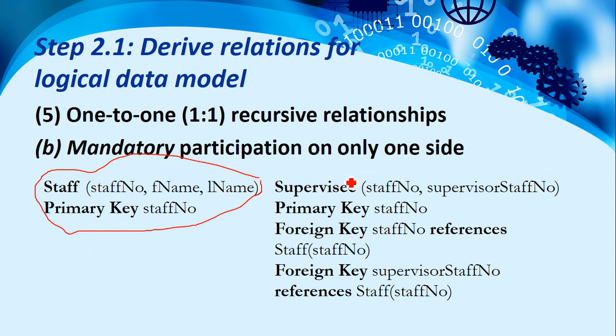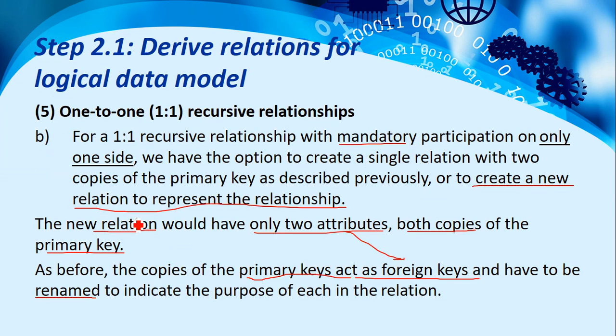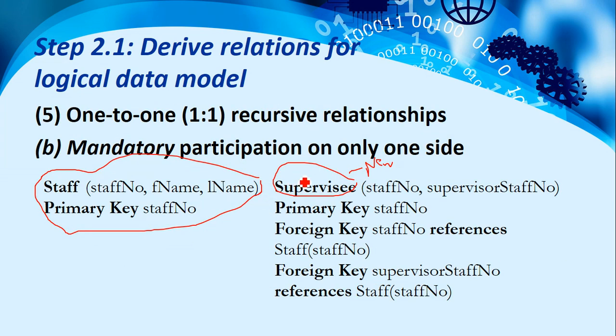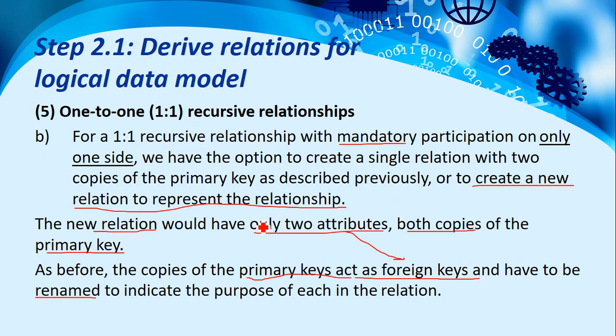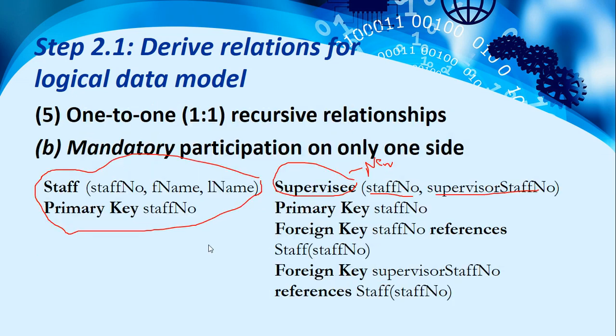This, supervisee, is the new relation being referred to here. The new relation. And we also have these two attributes, which are the only two attributes, both copies of the primary key.